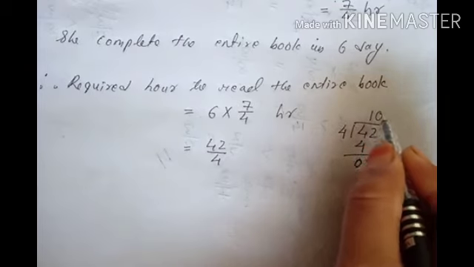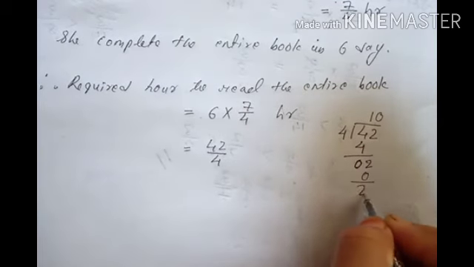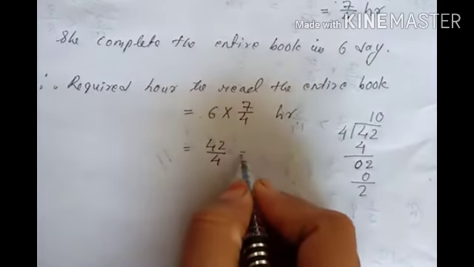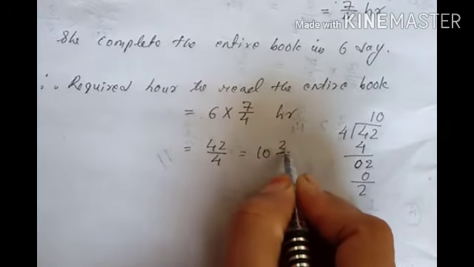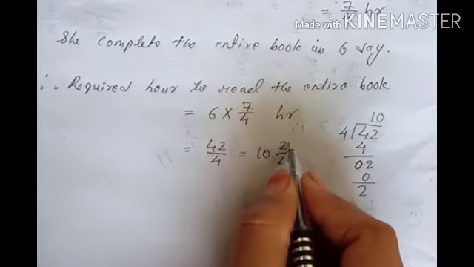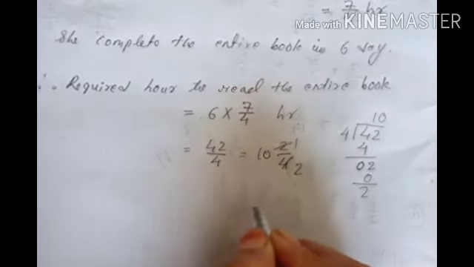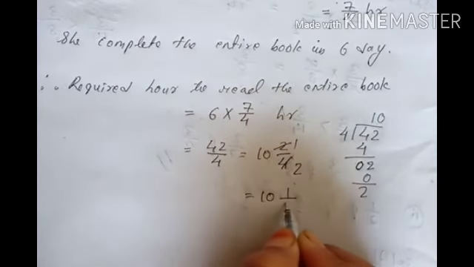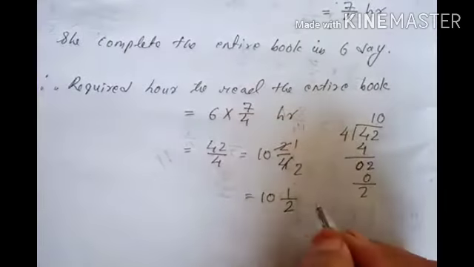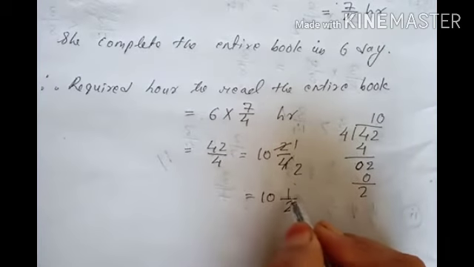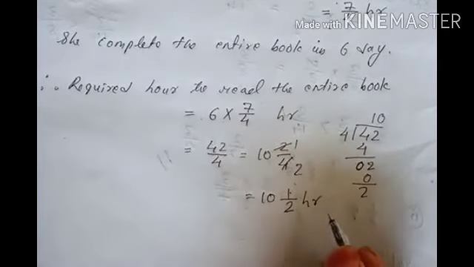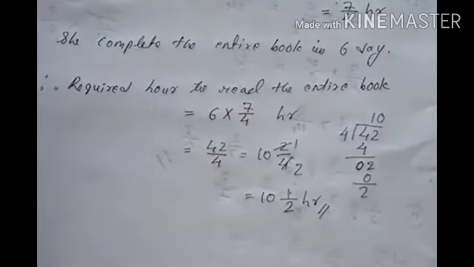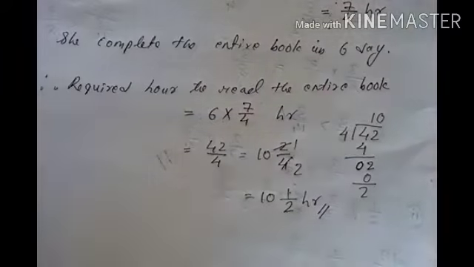Now 2 will not divide. 2 zeros are 0. So the remainder is 2. So your answer will be 10 2 upon 4. Now again you can simplify this. 2 1s are 2, 2 2s are 4. So your answer will be 10 1 upon 2. So how many hours? 10 hours and 1 upon 2. Okay, 10 1 upon 2 hours she took to complete the entire book.